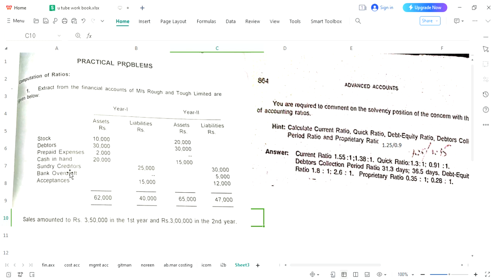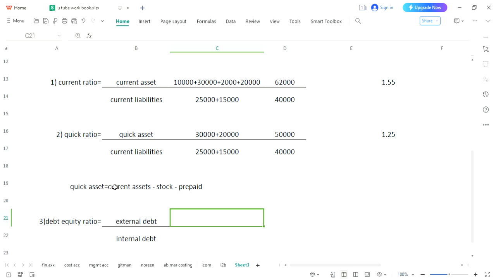So creditors, overdraft and acceptances, all three are basically outsiders. Liability, that means we have to pay to outsiders. So 25 and 15, 25,000 plus 15,000. So we have external debt.